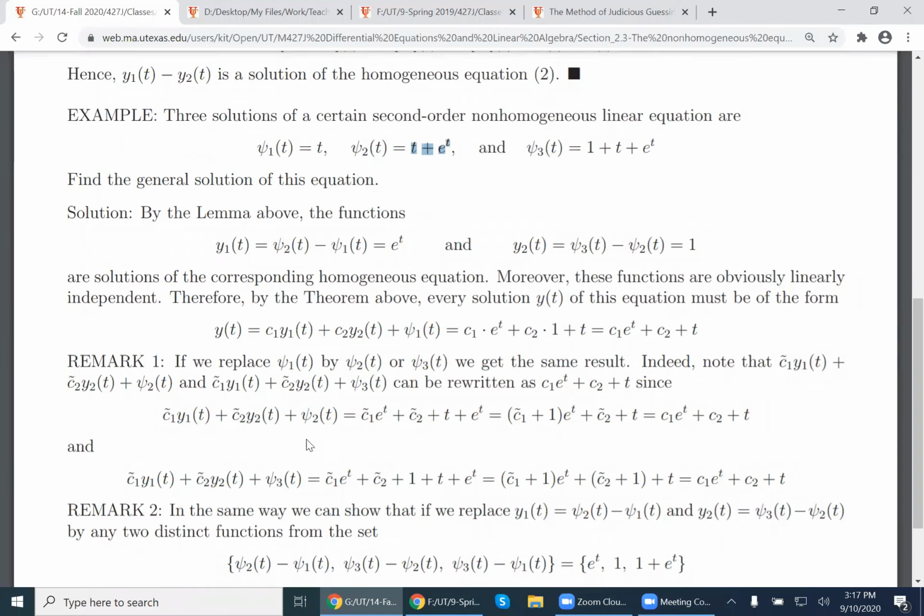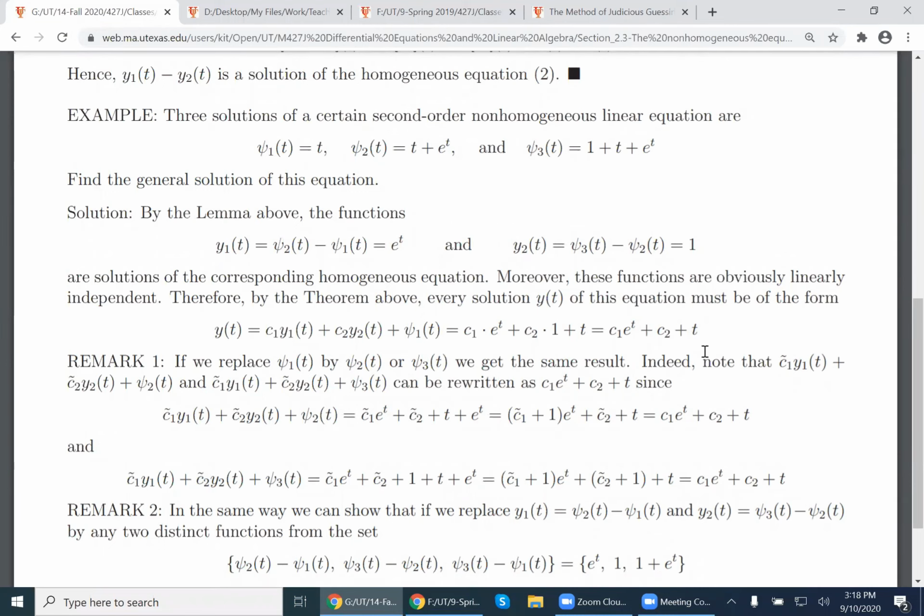Psi2 is equal to this, so we replace psi2 by this. Now, obviously, this expression looks different from this. However, if we combine this and this, we'll get this. And if we replace this by C1 and this by C2, we get absolutely the same expression. Okay, that makes sense.